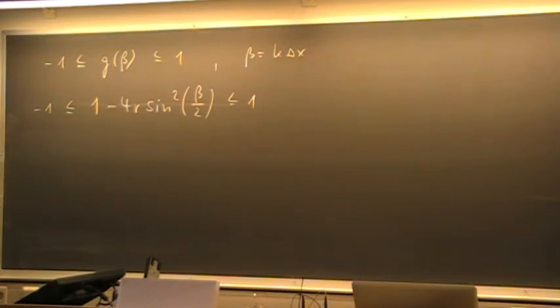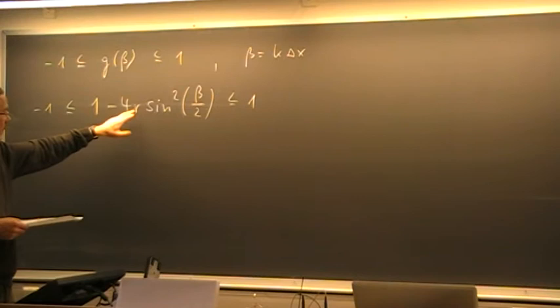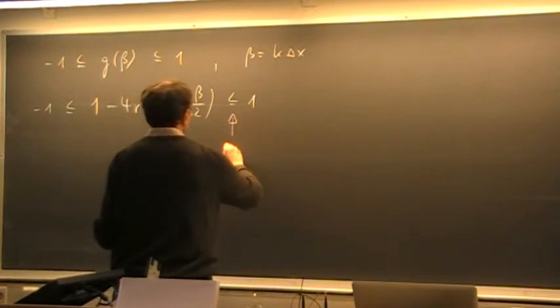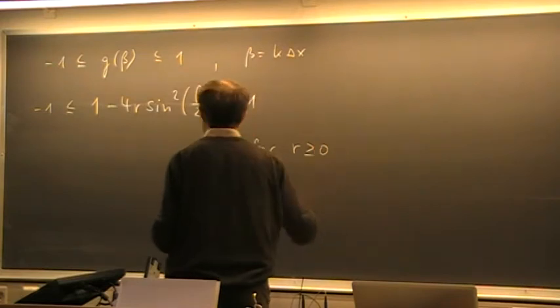The right hand side is easy, because the sine squared is always greater or equal to 0, and so we need r to be positive. So this inequality is okay for r greater or equal to 0.